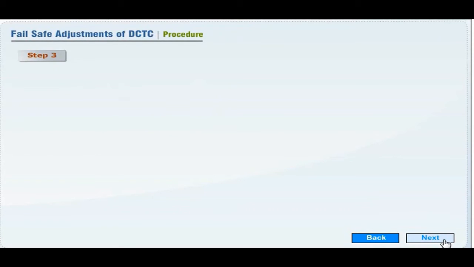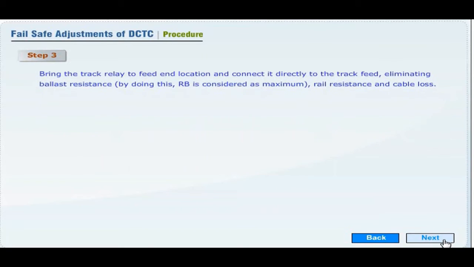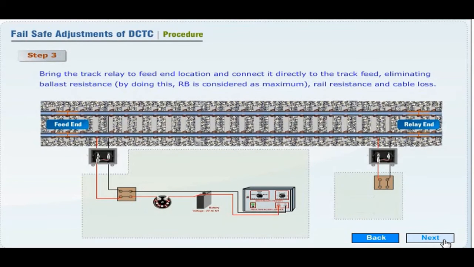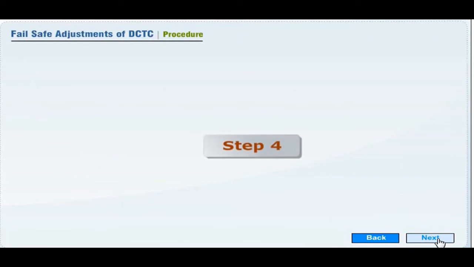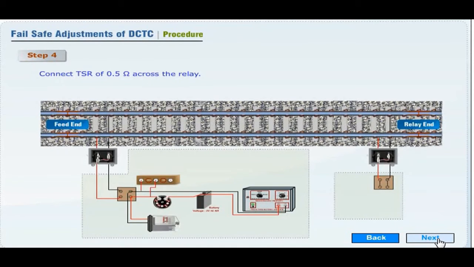Step 3. Bring the track relay to feed end location and connect it directly to the track feed, eliminating ballast resistance, rail resistance, and cable loss. Step 4. Connect TSR of 0.5 ohms across the relay.